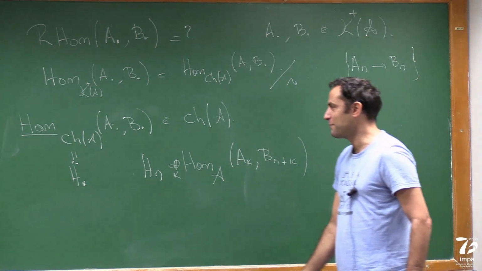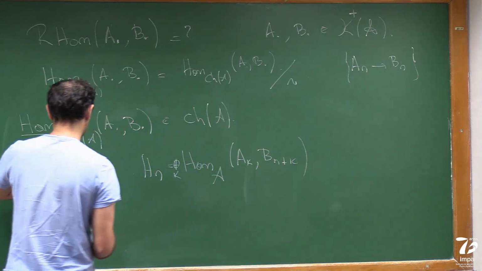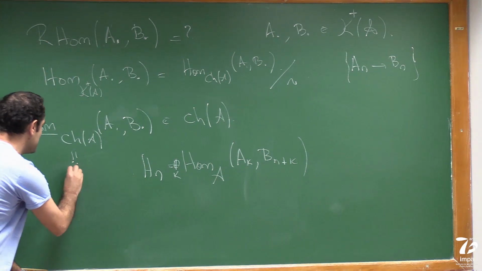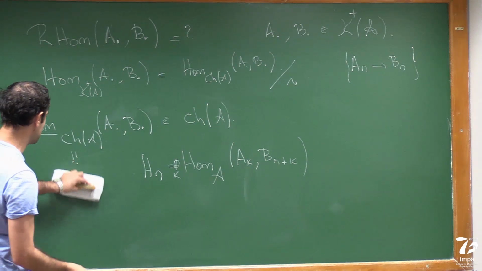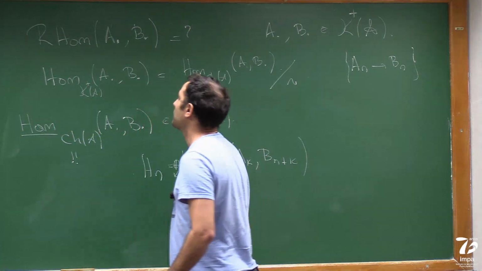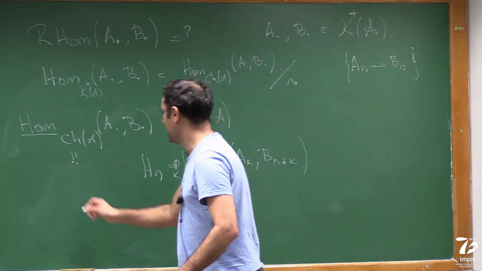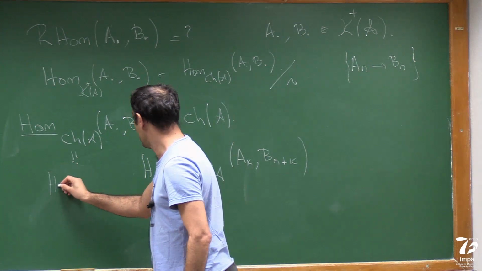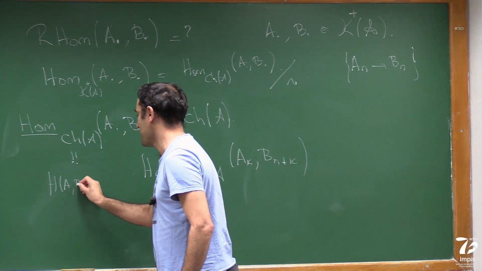Let's change the name. Pick a name. I need a name. No, that's also going to look like homology. Well, for lack of a better option, how about this? Hom AB.